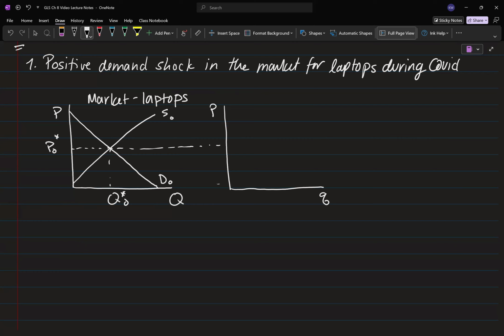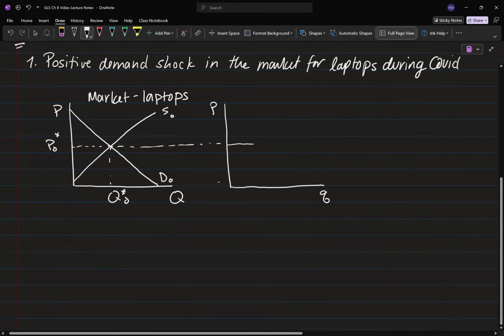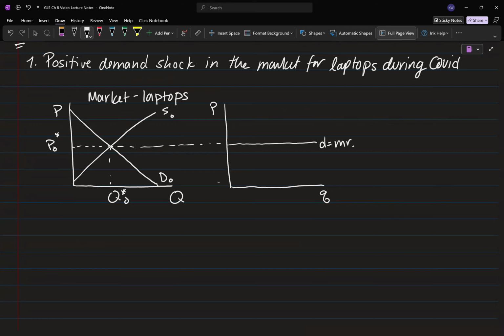Okay. So I have on my left the market for laptops drawn in equilibrium. And now I am drawing the representative firm graph for the firms in that market. The demand for that firm is horizontal at the market price. We have an upward sloping marginal cost curve showing the amount of laptops that a single firm is producing, right?